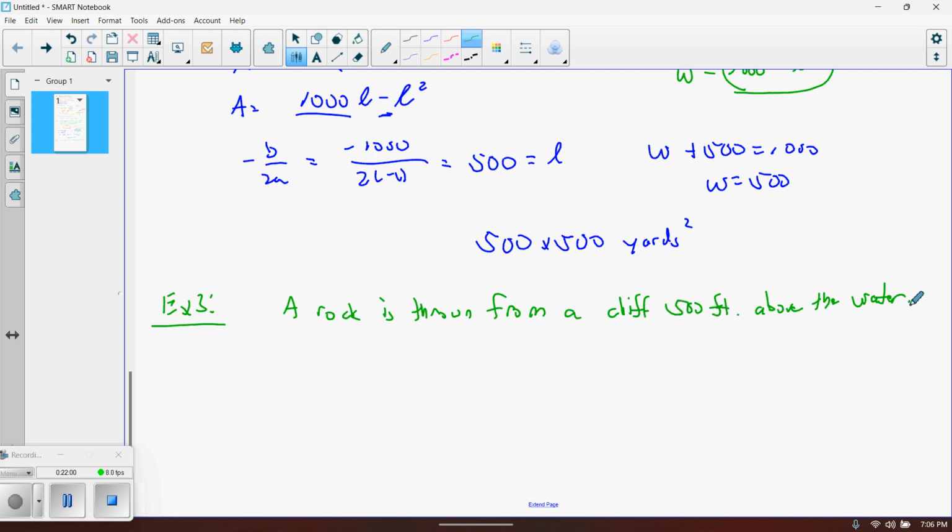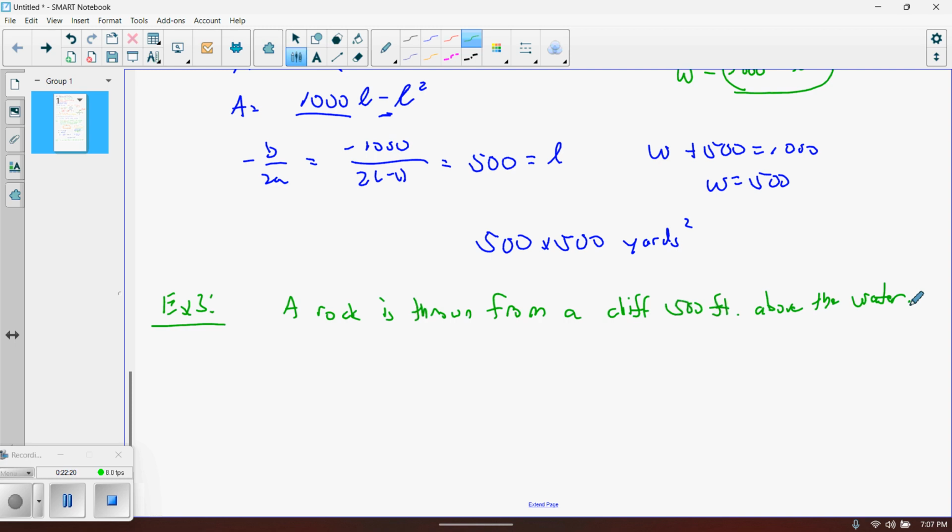A lot of times it's going to tell you it's done at an angle of 45 degrees because the angle actually does matter. Angle of 45 degrees typically maximizes the flight of the projectile. If it tells you something else with a different degree of launch angle, that's something we'll get into when we get into the trig stuff.